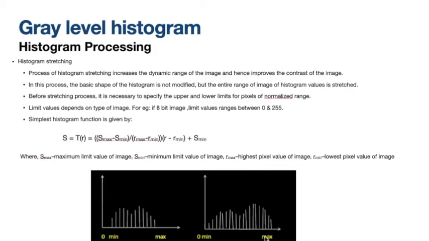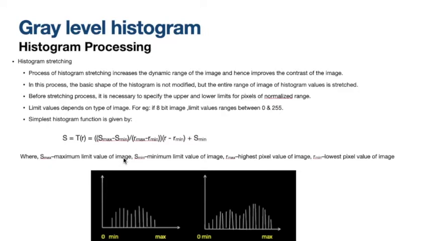So this is going to give the values for the new, stretched histogram. Here S max is the maximum limit value of the image and S min is the minimum limit value of the image. R max is the highest pixel value of the image and R min is the lowest pixel value of the image.